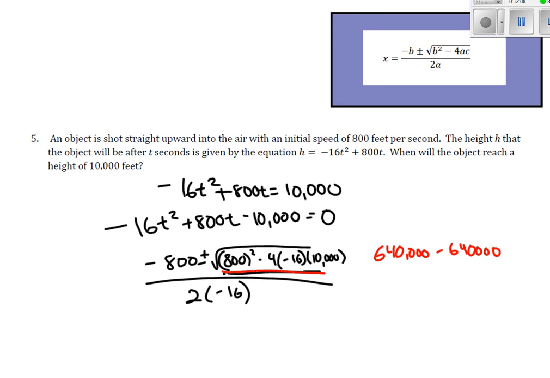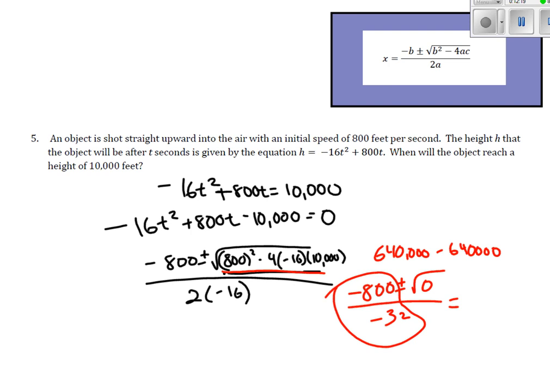Hey, look, so that's going to be 0. So I'm going to get negative 800 plus or minus square root of 0 all over negative 32. So I'm going to have one solution. It's going to be negative 800 divided by negative 32. So my answer is going to be 25. So that means 25 seconds, I'm going to hit a height of 10,000 feet.